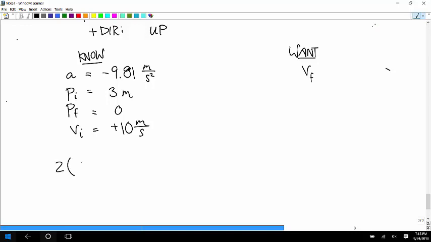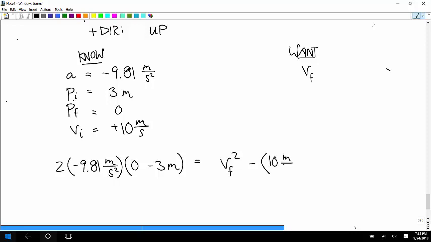So we have 2 times negative 9.81 meters per second squared times the quantity 0 minus 3 meters is equal to v final squared minus the quantity 10 meters per second squared.